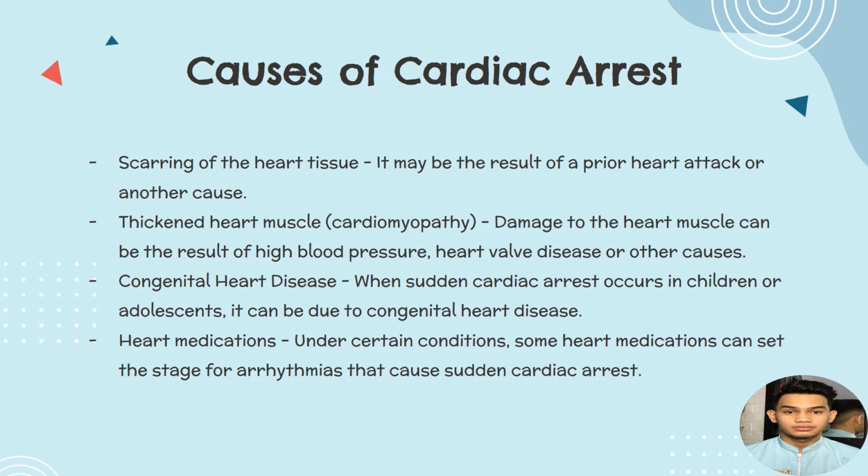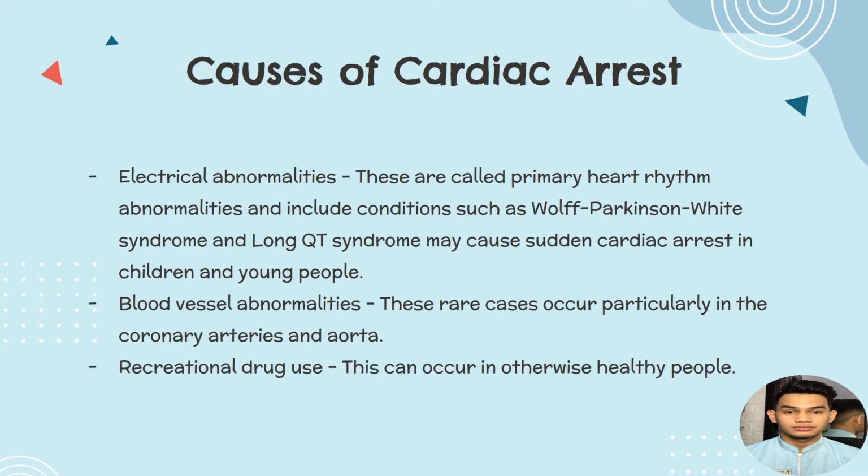So, under certain conditions, some heart medications can set the stage for arrhythmias that cause sudden cardiac arrest. And then we have electrical abnormalities. So, these are called primary heart rhythm abnormalities and include conditions such as Wolff-Parkinson-White syndrome and long QT syndrome, which may cause sudden cardiac arrest in children and young people.